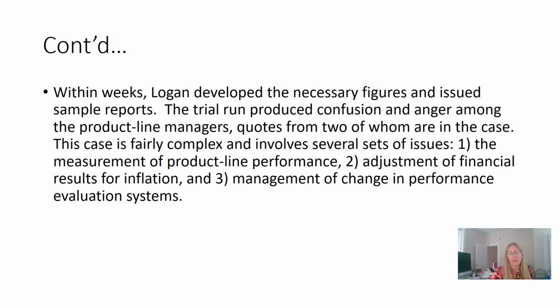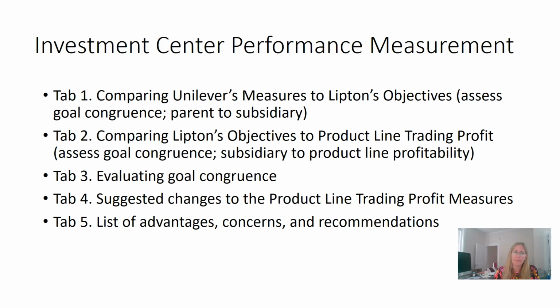So this person, Logan, has designed a new system, and they want to do a trial run with it, and there's various feedback situations that are given in the case for product line managers and others. So I ask you to look at that and discuss those issues that they raise.